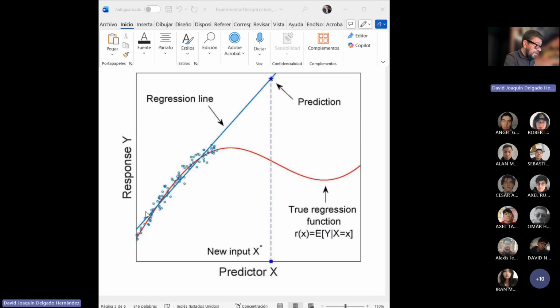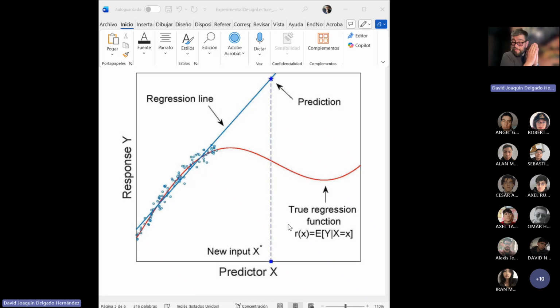So I have 1 point in the low level and another point in the high level, okay? And when I put together these points, what I am going to get is a regression line. You can see here, this line is the blue one, okay? With only 2 points, I can define this line, and the prediction will be at the very top of this line.